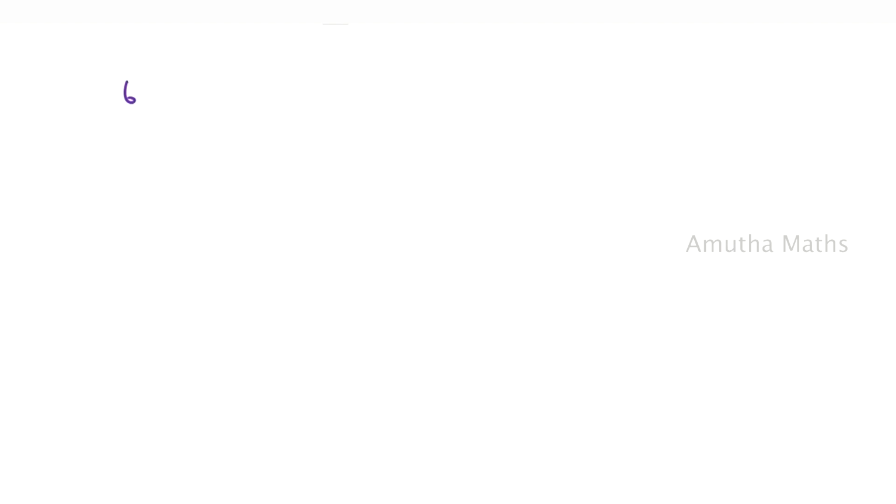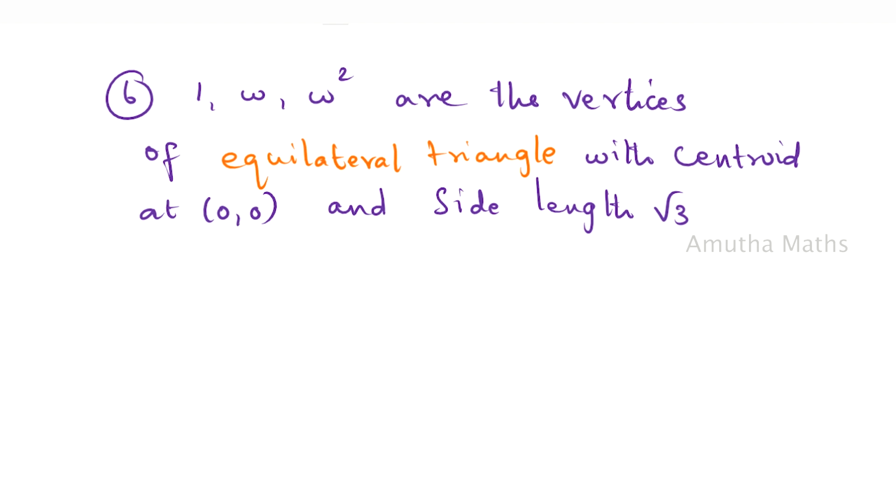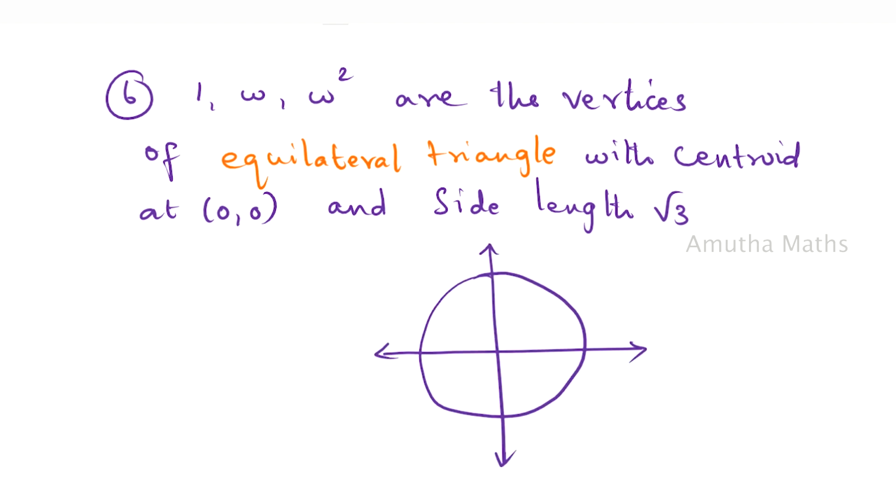Then the sixth one is, now listen carefully: 1, omega, omega square are the vertices of an equilateral triangle with centroid at (0, 0) and side length root 3. So what are all the roots we have? 1, omega, omega square. 1 is here. What is omega?